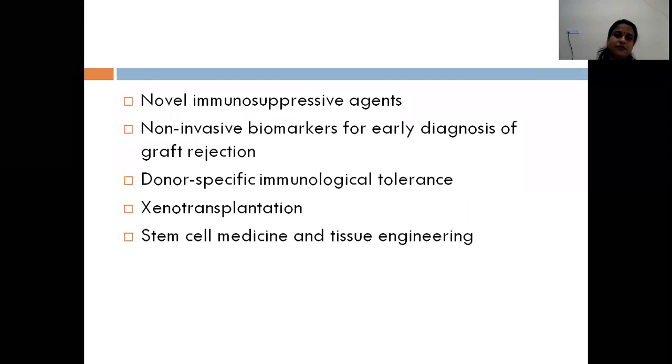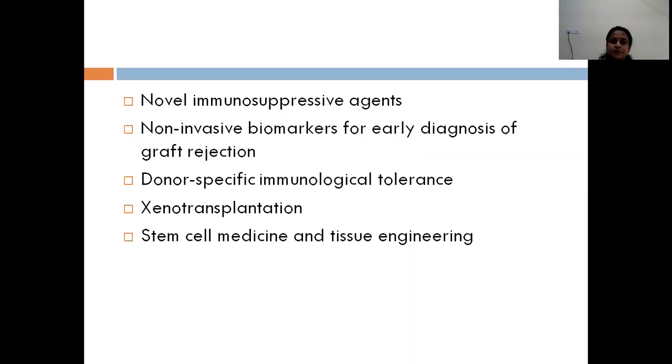Now a small idea on the future prospects. We are getting into better immunosuppressive agents. Also, non-invasive biomarkers for early diagnosis of graft rejection are coming into studies. Donor specific immunological tolerance is also one specific field that they are making studies into.